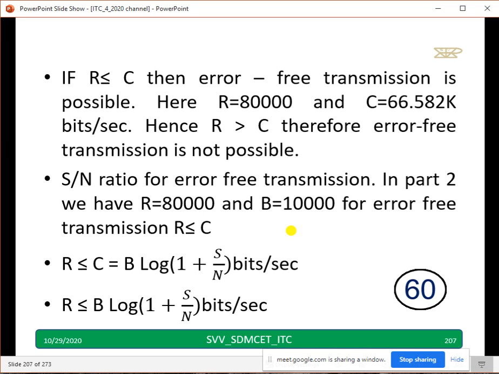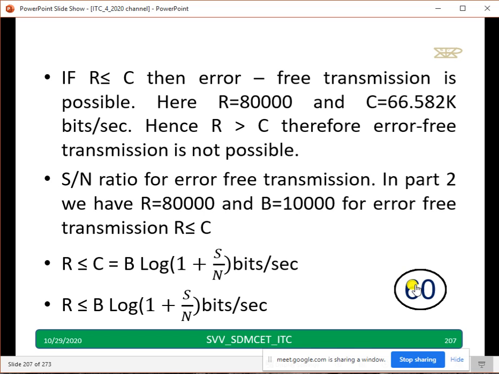And next, what they asked, signal to noise ratio for error-free transmission. In part 2, we have R as 80K and bandwidth is 10K, and they are asking S by N. Copy down the second line, then write down C equal to B log 1 plus S by N bits per second. And they ask what should be the S by N. Given R and B, we will try to find out.